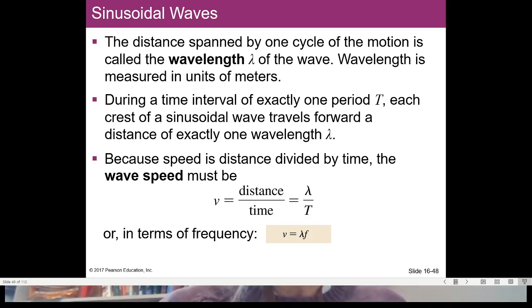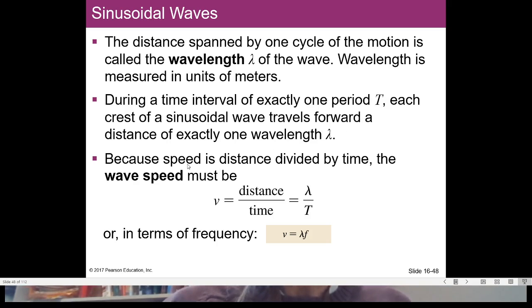All right, so how do we get the distance spanned by one cycle of the motion? Well, that's the wavelength. Similarly, the time interval spanned is the period T, that would be plotted on the history graph.